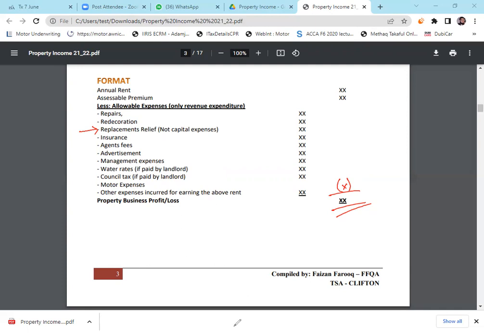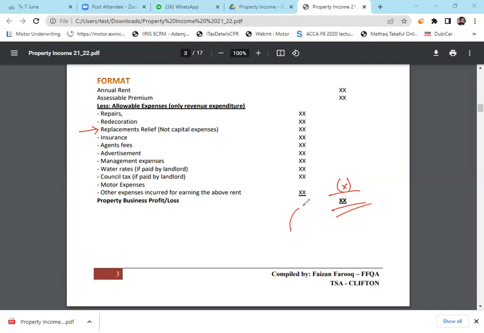Motor expenses means if the landlord is going here and there for his property business, let's say he's going to collect the rent, he's going to fix some issues in the property, he's going to give advertisement to an ad agency to let out the property.